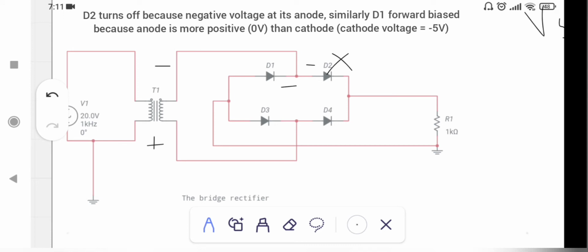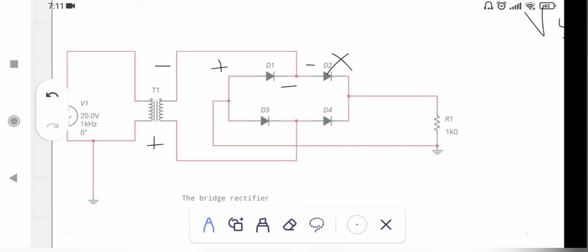Similarly, there is a positive polarity at the cathode of D3, and it will remain non-conducting in this cycle. This is the negative peak.